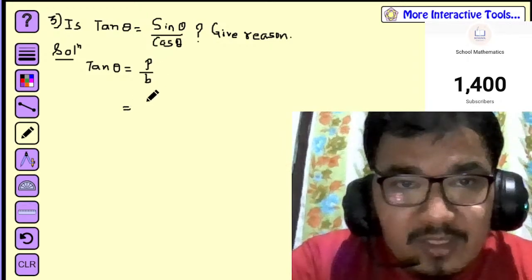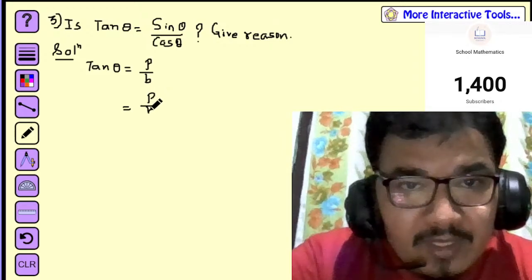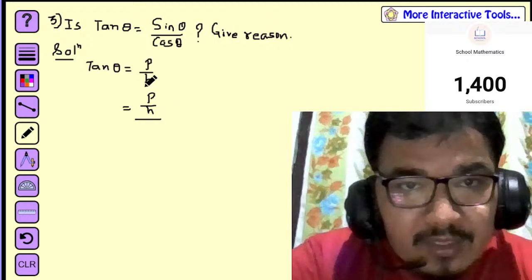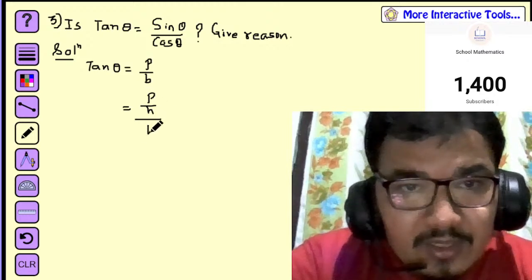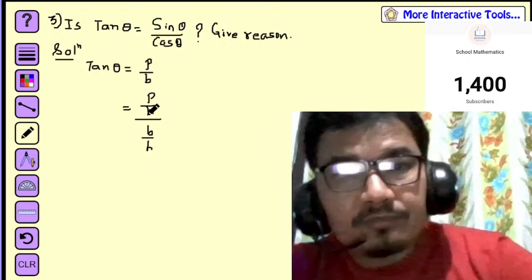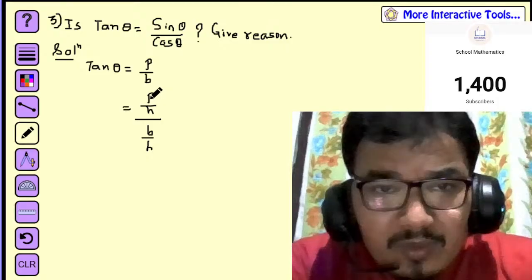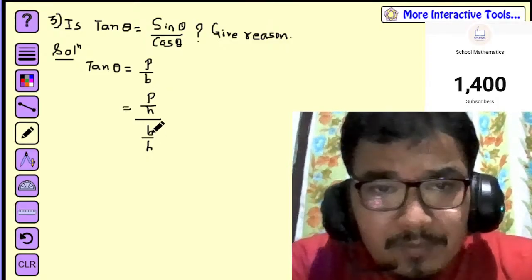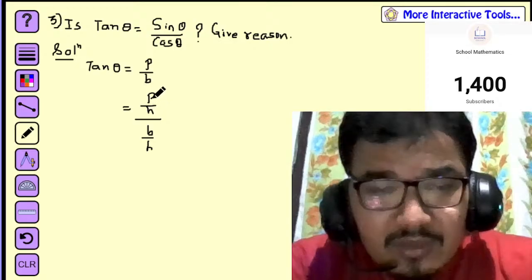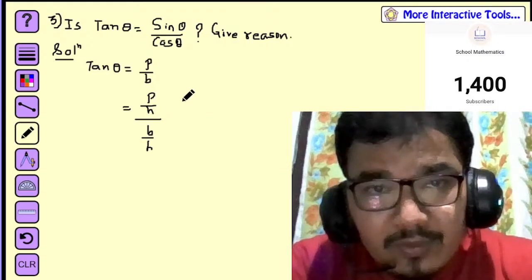If we divide the numerator and denominator both by h, the perpendicular p is divided by h, and the base b is also divided by h. We can divide the numerator and denominator by the same value.